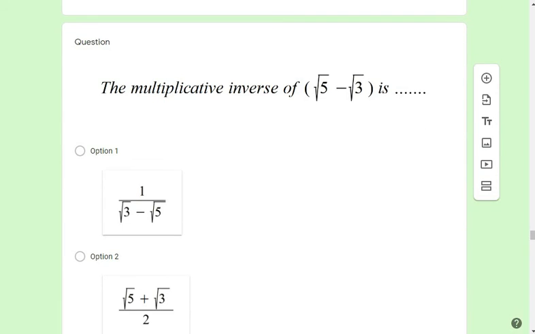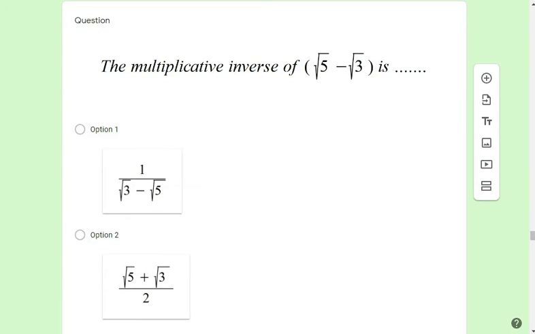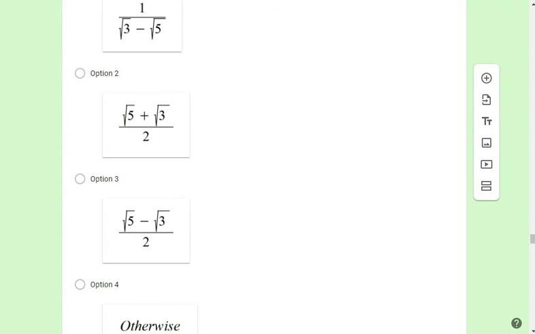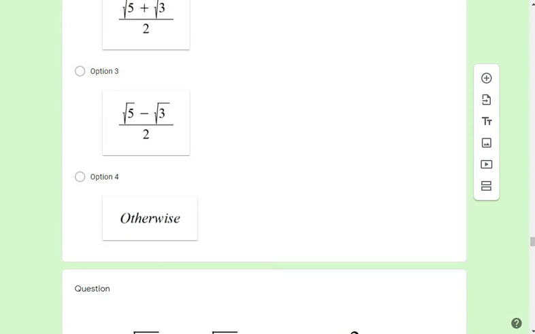The next, the multiplicative inverse of the number root 5 minus root 3 is what? Choose one of the following answers: 1 over square root 3 minus square root 5, square root 5 plus square root 3 over 2, square root 5 minus square root 3 over 2, or otherwise.